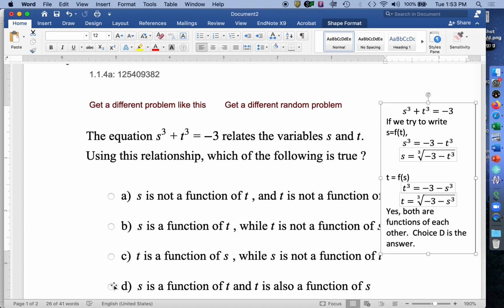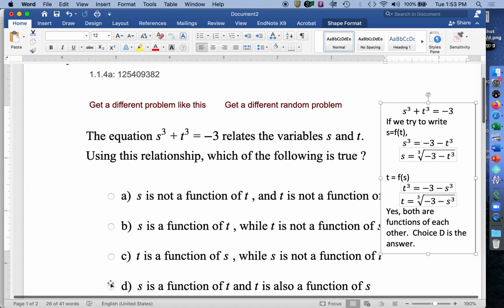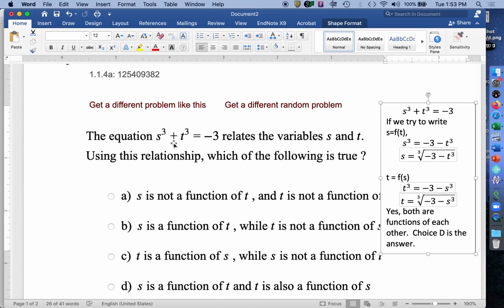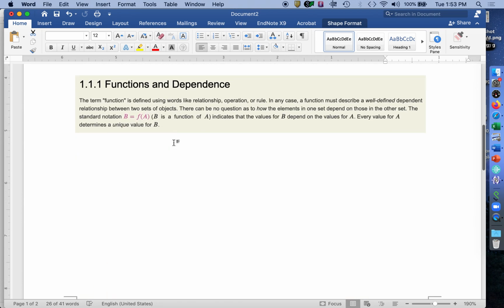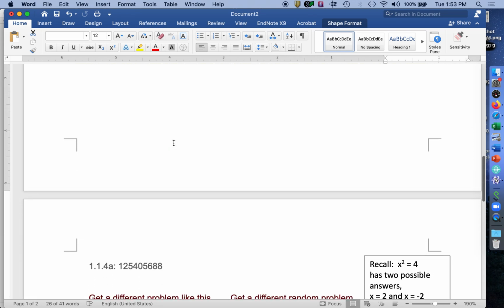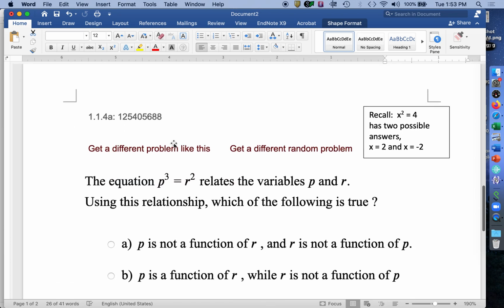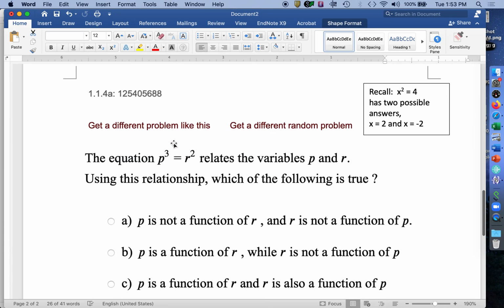Now, things would change if we had one of these variables to an even power. I happen to copy one of those as well, so let's take a look. I just wanted to recall real quickly, if I have something like x squared equals 4, remember that when you go to take the square root, you have to put plus minus.